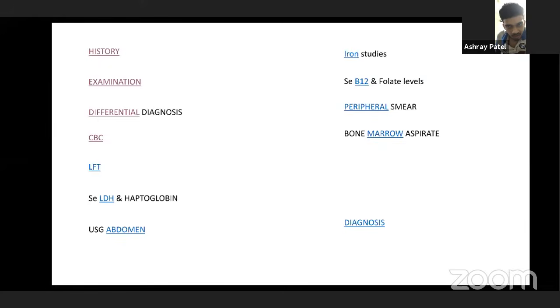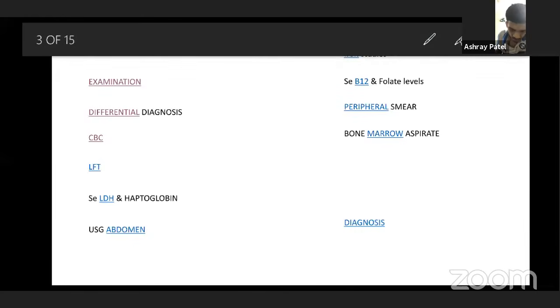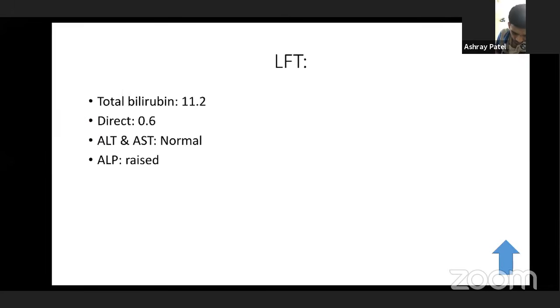Since we are going in approach way, anything else would you like to see? How would you like to confirm hemolysis? Liver function tests for jaundice. Okay, liver function test, what does it show? It shows that there is jaundice.